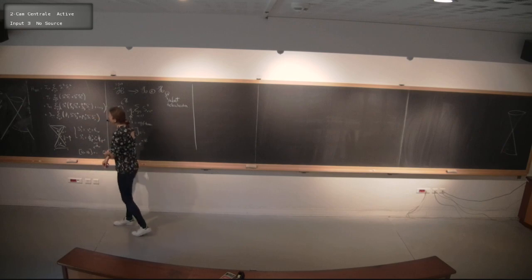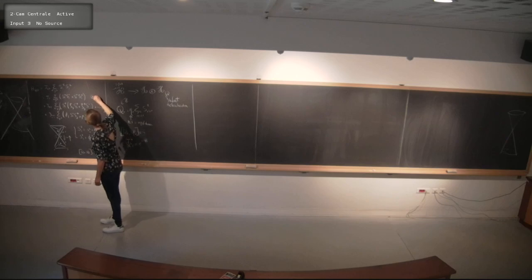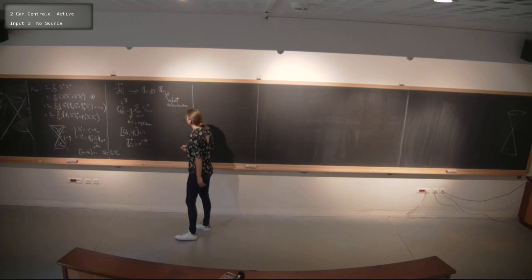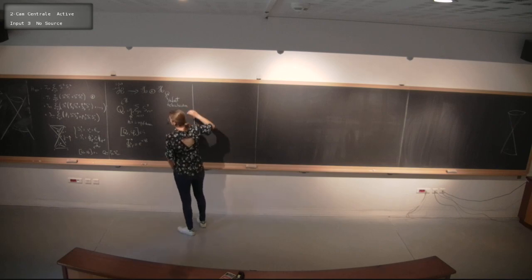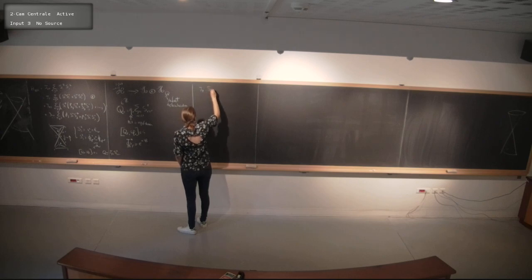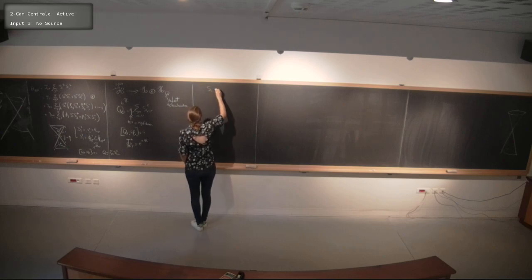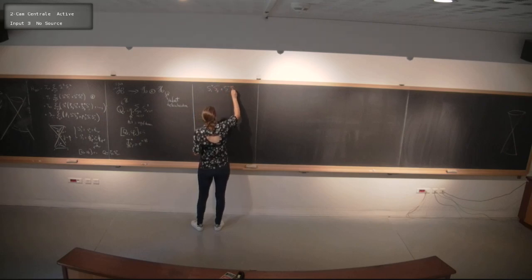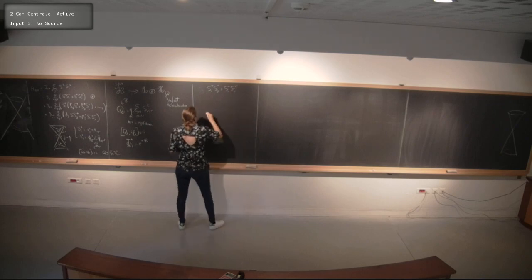So this is a simple exercise. You can plug this back into this guy here. And so, for example, if I take this guy, I'm not going to do all of the terms, but you can just do them yourself. If we take this guy, I'll just do Si plus Sj minus plus Si minus Sj plus.